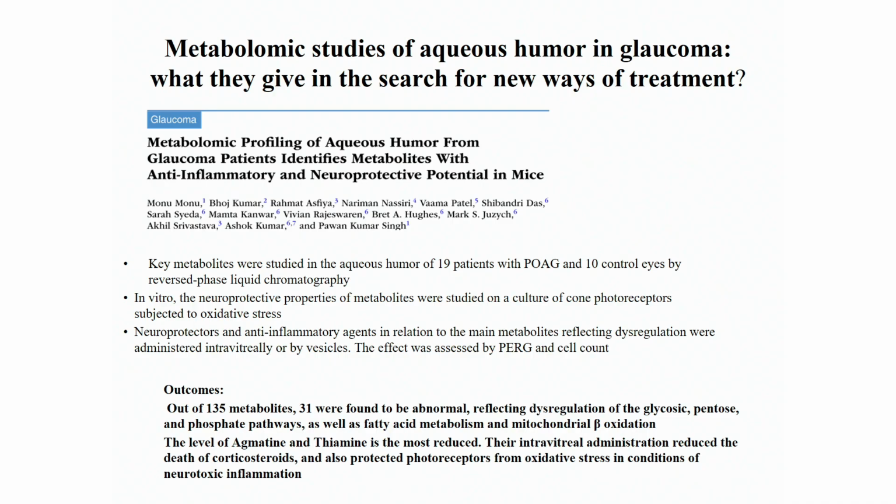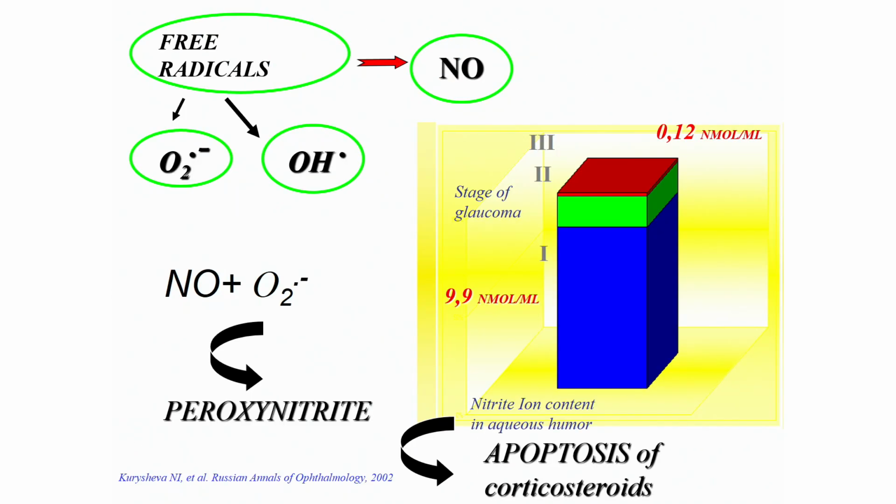At the initial stage, there is an increased synthesis of nitric oxide, and this is a dangerous situation. I'm trying to show you this slide because nitric oxide in combination with free radicals forms peroxynitrite, leading to cell apoptosis.